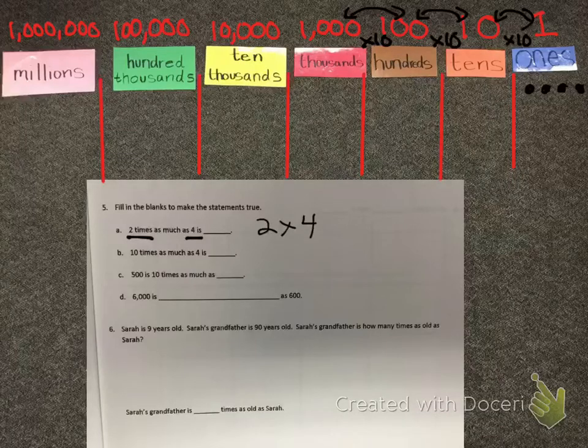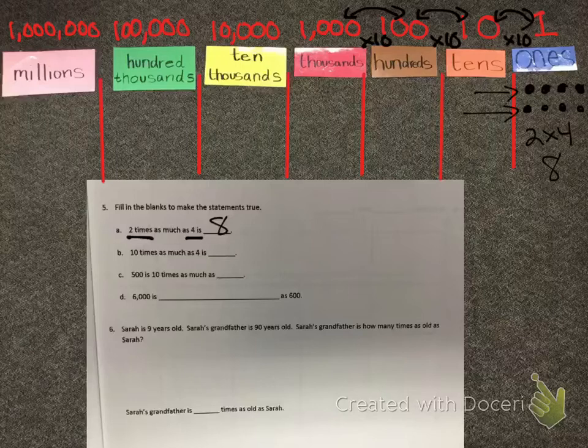So I'm going to make another row of 4. So now I have 2 rows, and 2 times 4 equals 8. So that is our answer here. Okay? So no bundling here. This is just a simple multiplication problem.